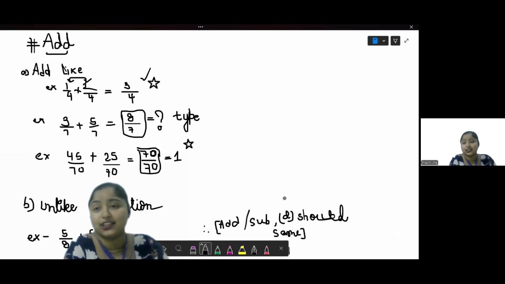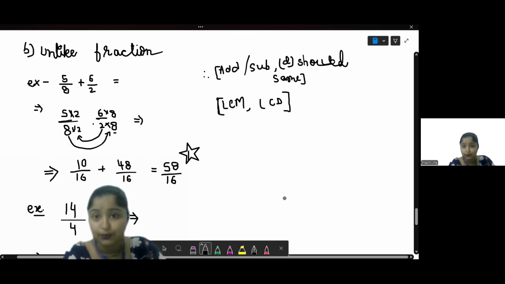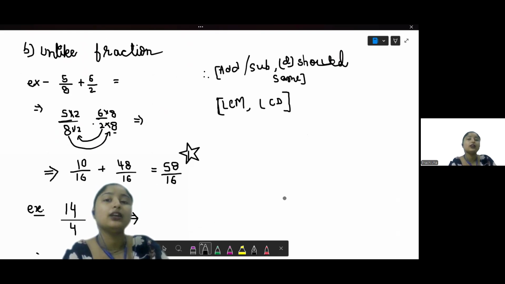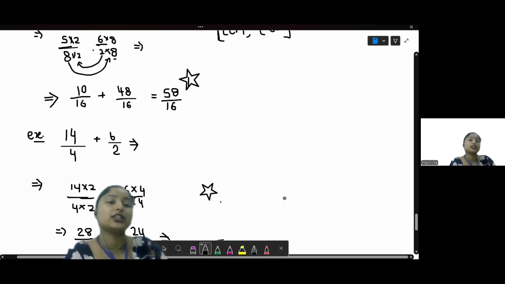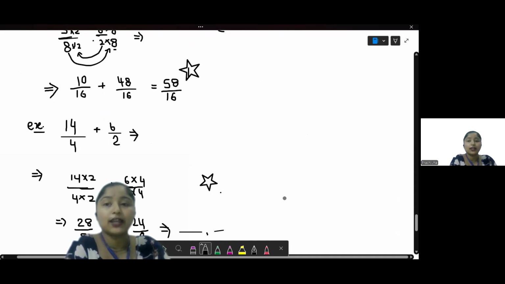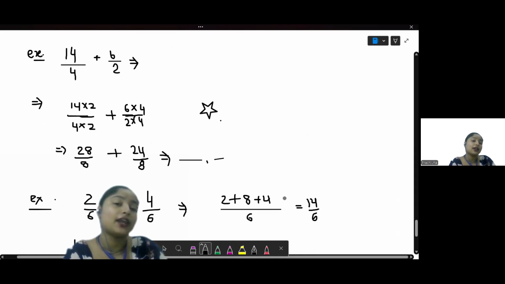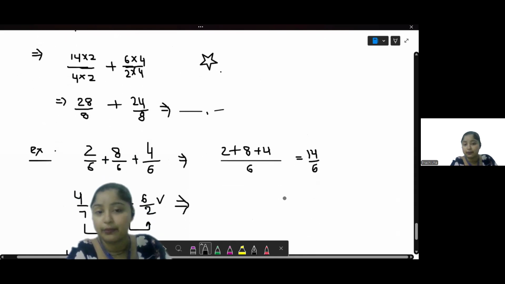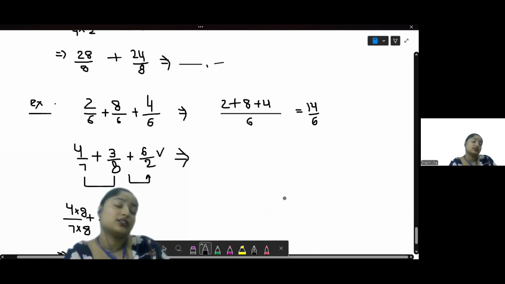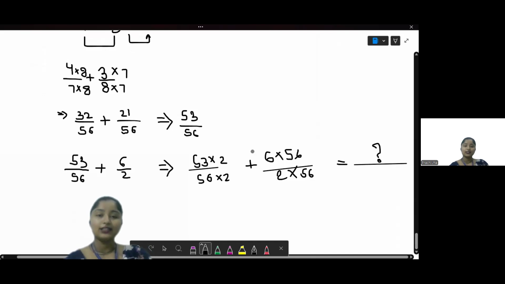Then after that, we did unlike fractions, and to add or subtract unlike fractions, we have to make the denominator the same. To do that, either we can find the LCM or LCD, or we can just multiply the denominators with each other. And since the denominator is multiplied, you need to multiply the numerator with the same number as well. Now just add them as you add like fractions, and that's how you get the final answer.